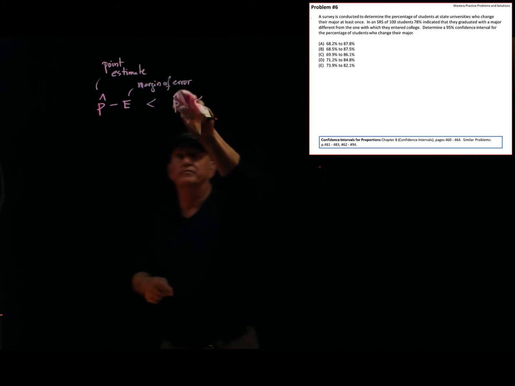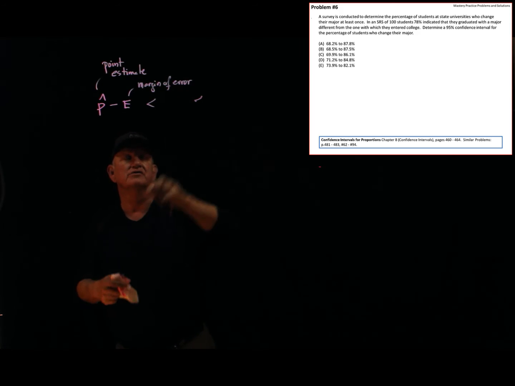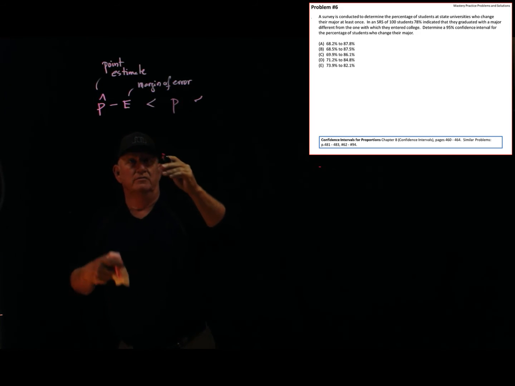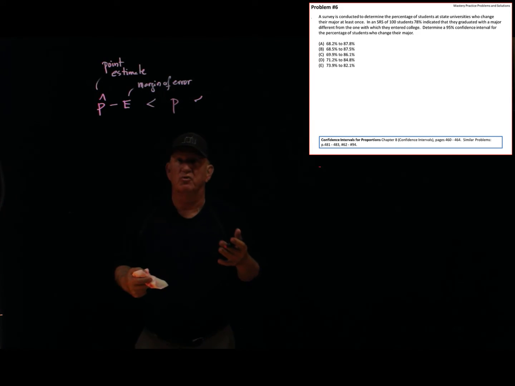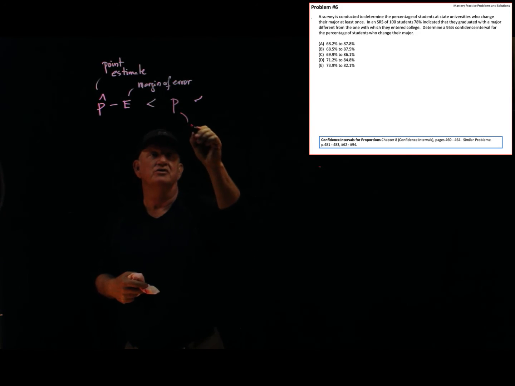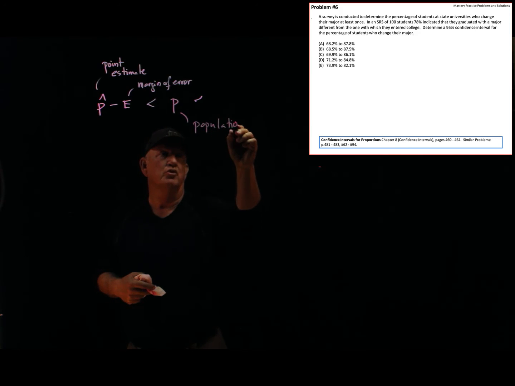But what you're interested in here is the fact that you hope that they bound the population parameter that you're interested in, which in this case is the population proportion.